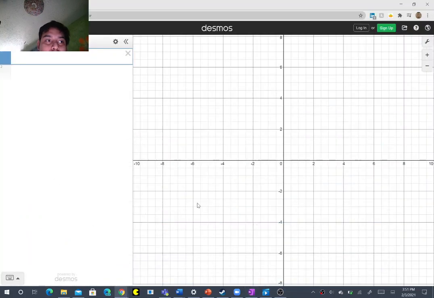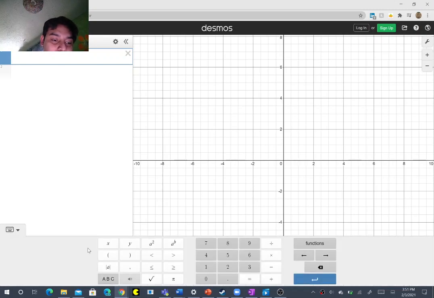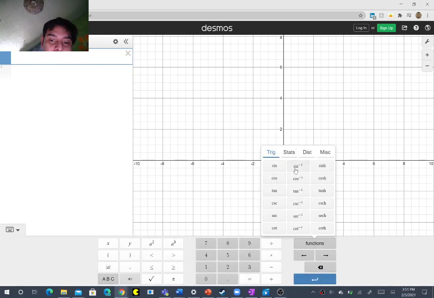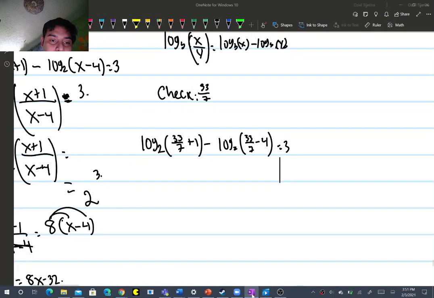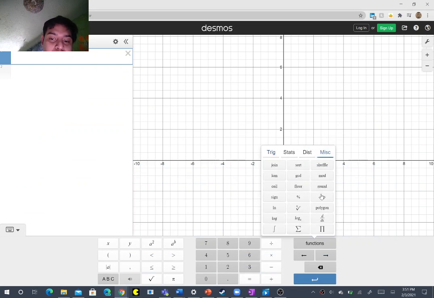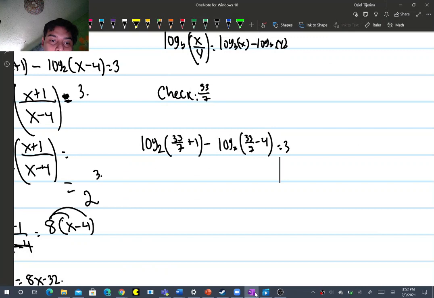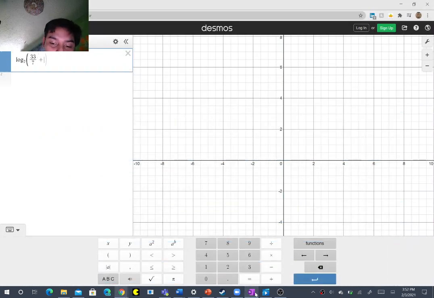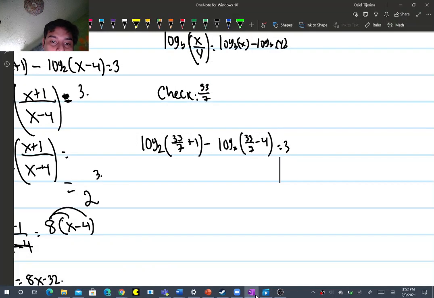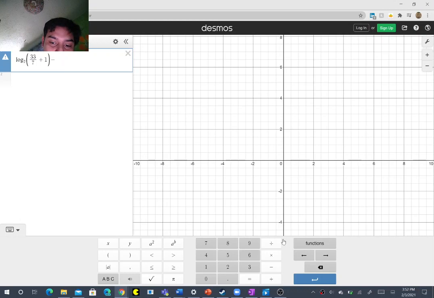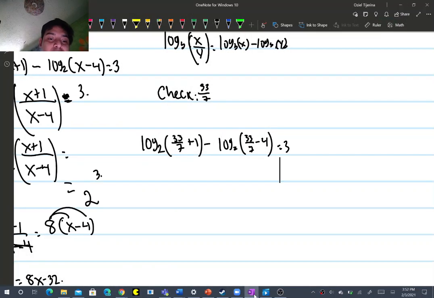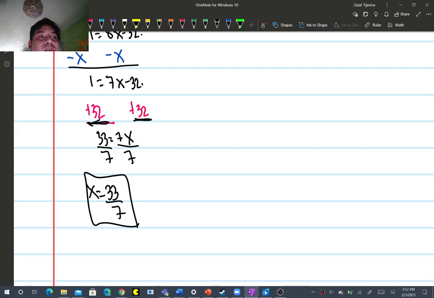We have the log base 2 of 33 over 7 plus 1, minus the log base 2 of 33 over 7 minus 4, and that does equal 3, so this is our final answer. So 33 over 7 is an answer to this equation.